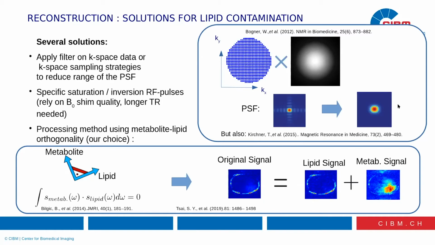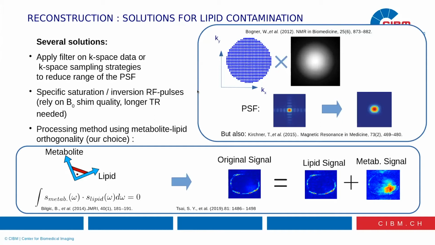There are also specific strategies for sampling of the K-space, I'm not going into detail, but you can read it in Kirchner et al. from 2015, for instance. There is also the solution of adding specific RF pulses to saturate or invert the signal specific to the lipids. But of course, if we add more RF pulses to the sequence, it will probably mean that we need a longer TR.